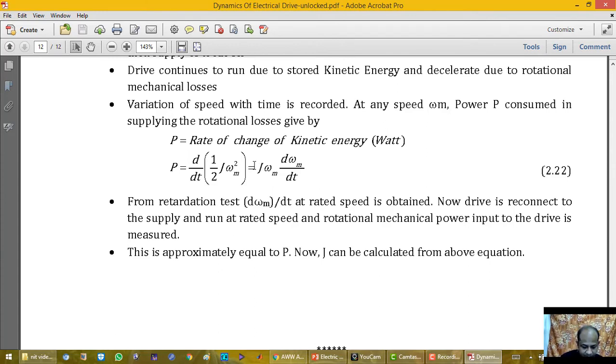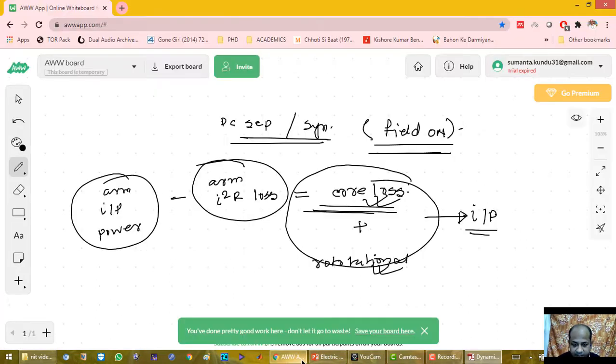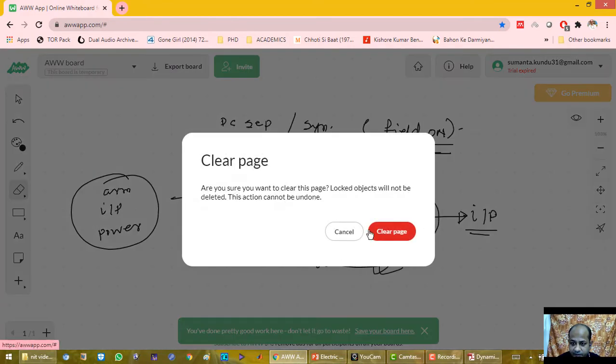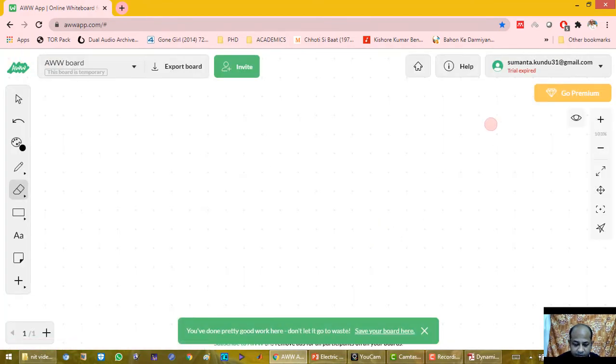Apart from this, we use a plot through which we can determine the moment of inertia. We will determine omega m versus t. In the first retardation test, we have taken the rated speed versus time readings.